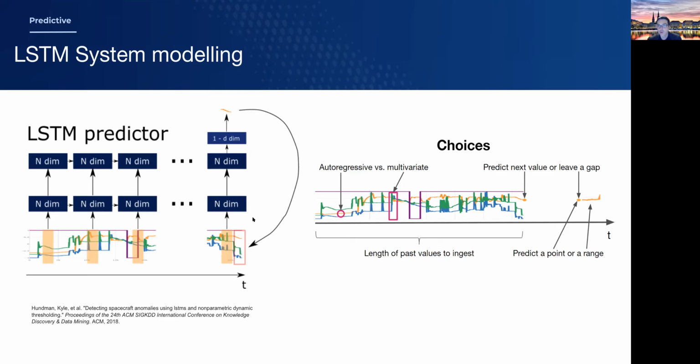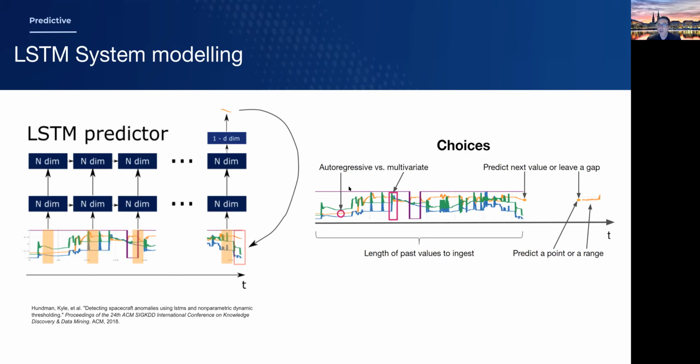And train it on nominal data. So it will be able to generate nominal predictions. But if the data is not nominal, the prediction will be completely different from the actually measured data. And in any of these cases, you will have a discrepancy between the predicted output and the actual one.